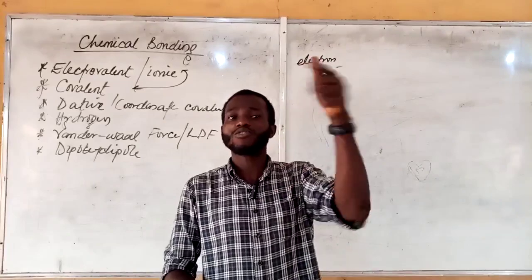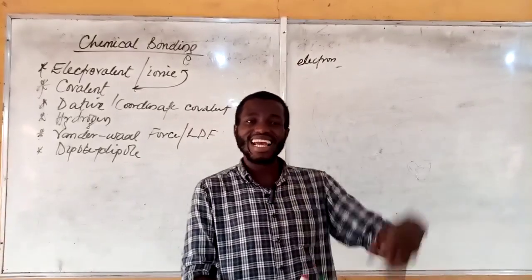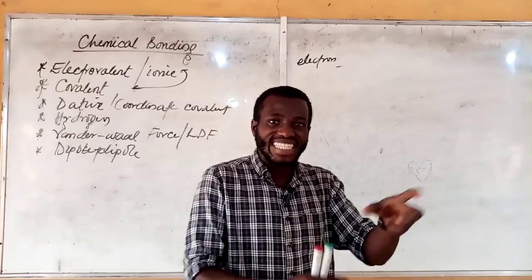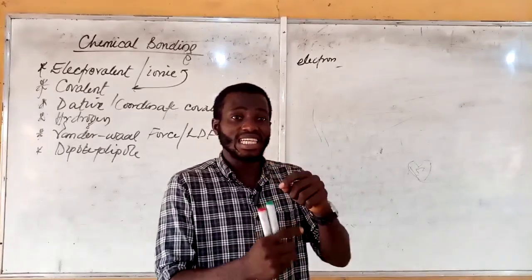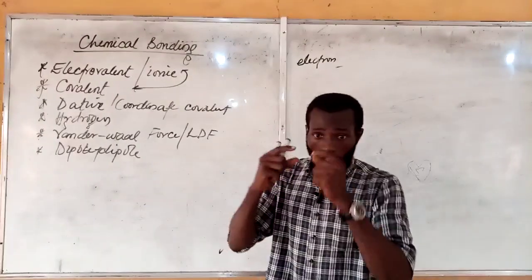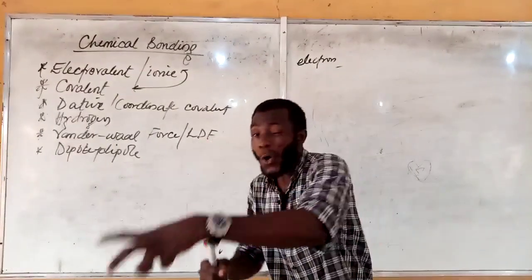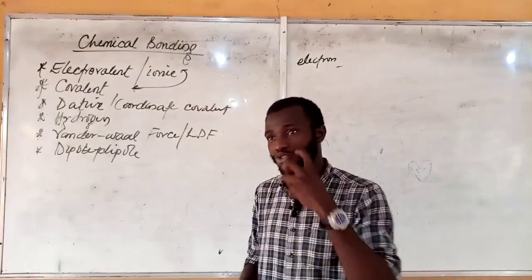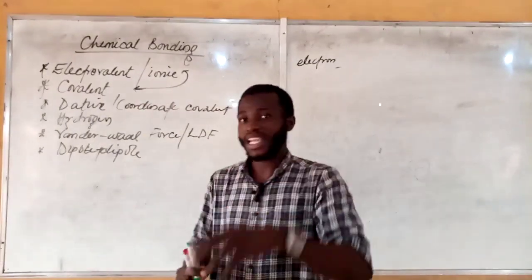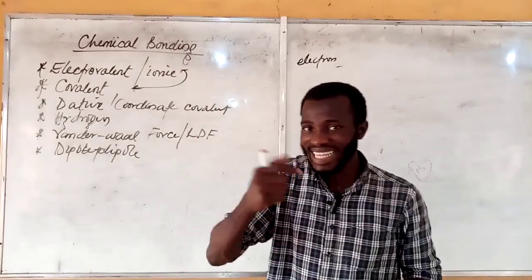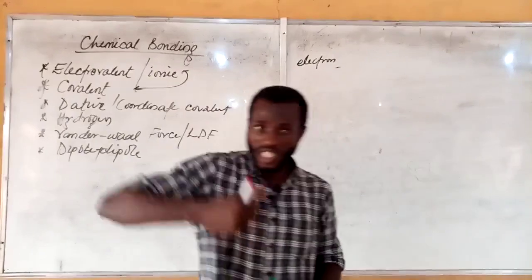An atom becomes charged when it has interacted in one way or the other, either by transferring electron or by sharing electron. When an atom transfers electron or accepts electron, it becomes an ion. It becomes charged, and that charged particle is called ion.